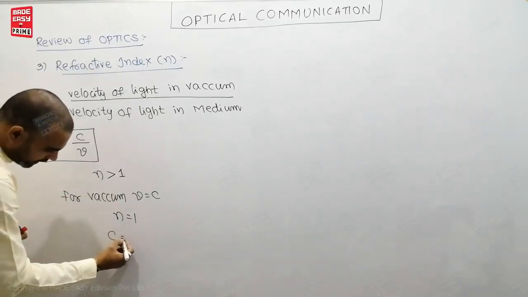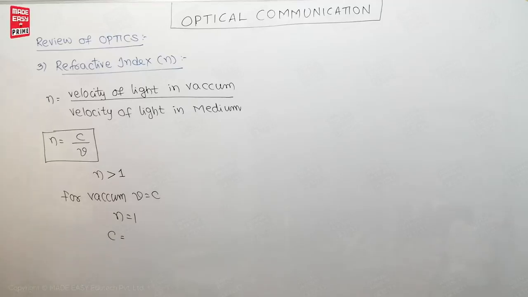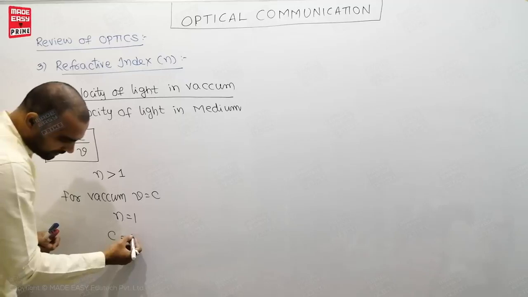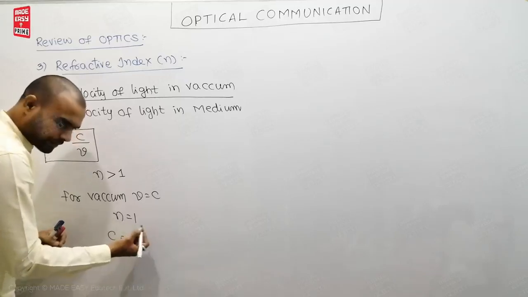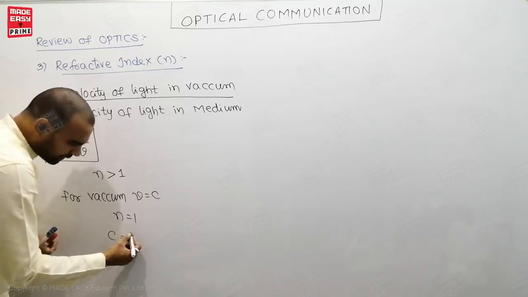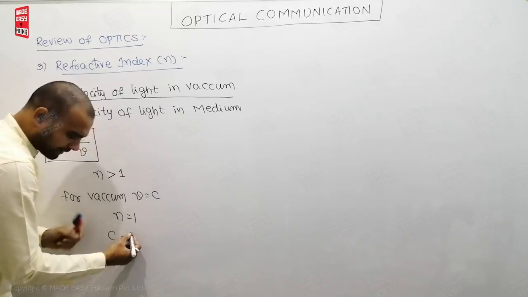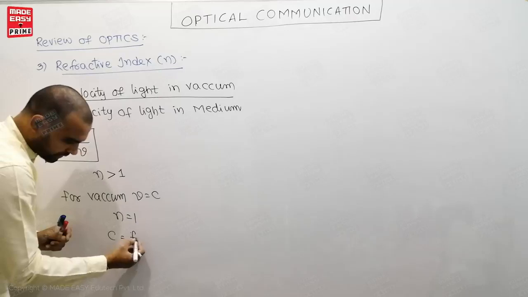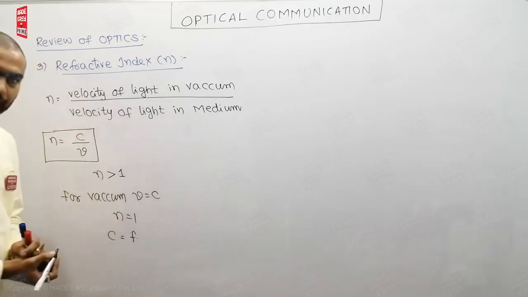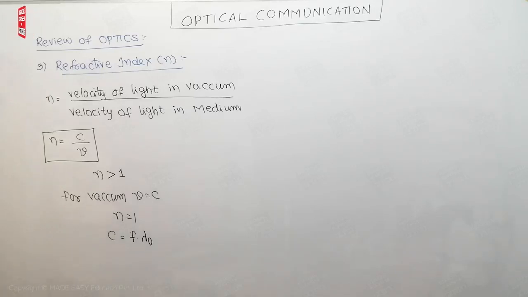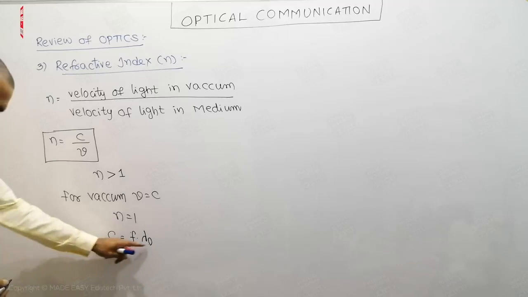So c is equal to f into lambda naught. Generally f is equal to c by lambda, and we write c is equal to f lambda naught.